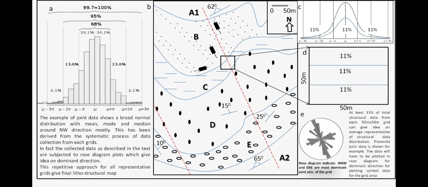There may be bimodal data as well. For example, as you can see, this joint data plots in this representative rose diagram. Here also you can see a bimodal distribution. Okay, so in this way all grid data may be plotted as per the location.